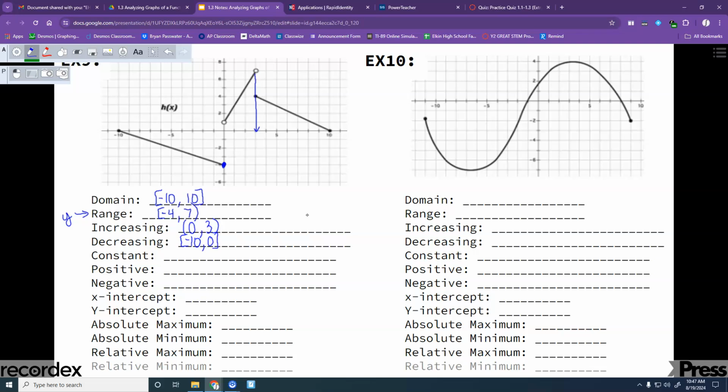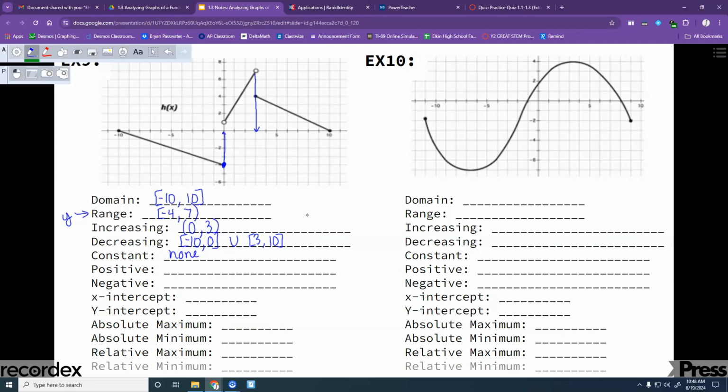I caught myself once I went over it. So x-axis, we're looking at x-axis is 0. All right, and then right here, it's going to be from 3 to 10. And we'll use brackets for those for the closed circle. Is this one constant anywhere? No. None.